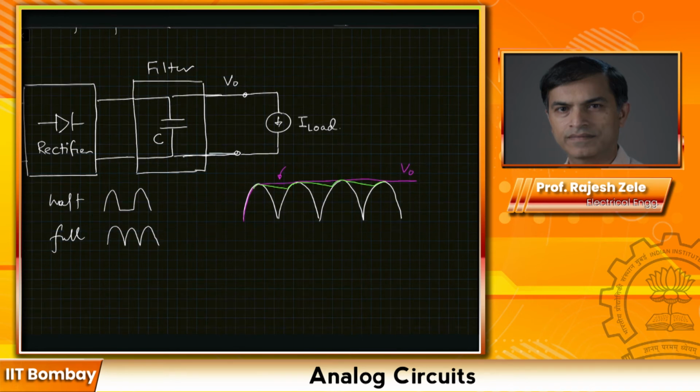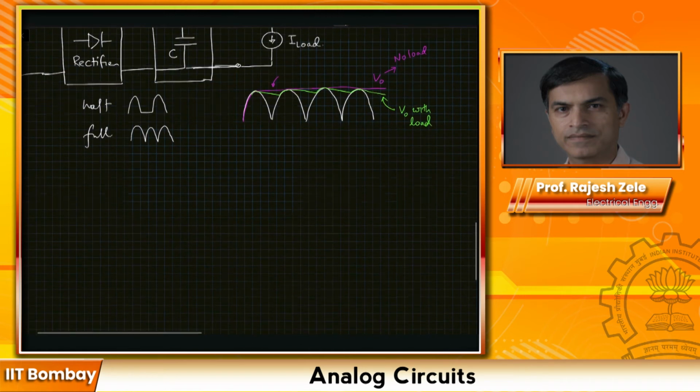So at the output waveform with the capacitor, the magenta waveform was V0 under no load. The green waveform is showing V0 with load because we are withdrawing some charge from the capacitor in terms of iLoad. Let's go through a numerical example.